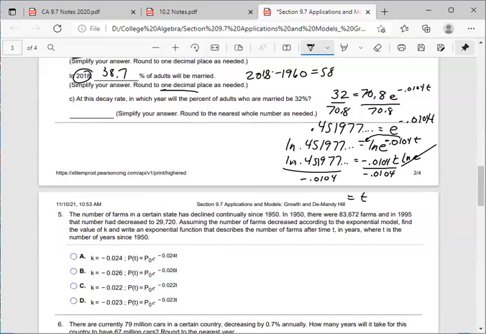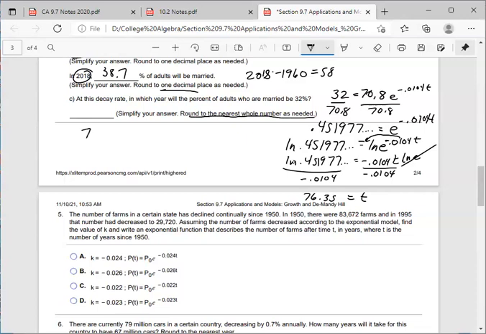Okay, and when you do that, I'm getting like 76.35, and it says round your answer to the nearest whole number.